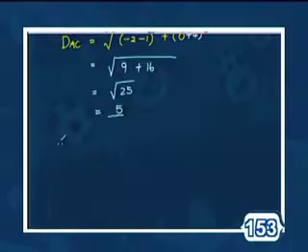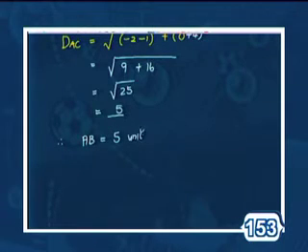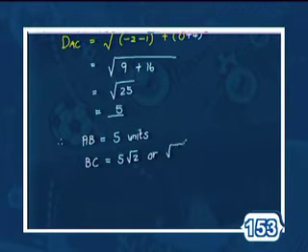So I would now finish off my sum and I would say, right, so AB is 5 units. The one that we did next was BC, and we got BC to be 5 root 2, or if you left it as an unsimplified surd, the root of 50. And lastly, we've got AC to be 5 units.